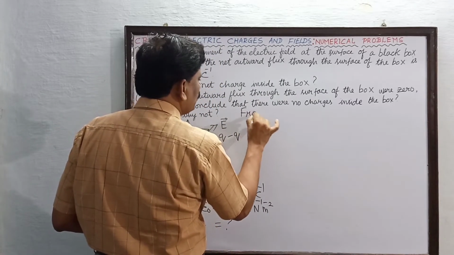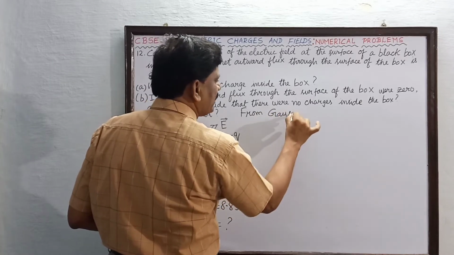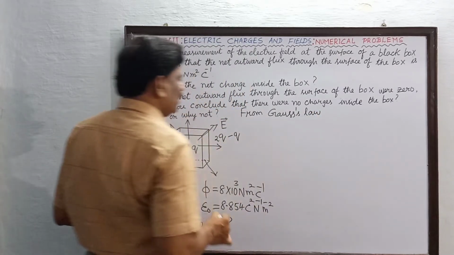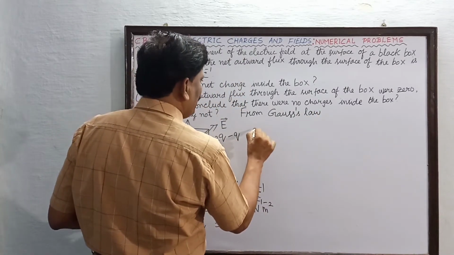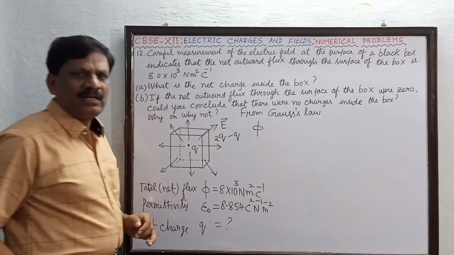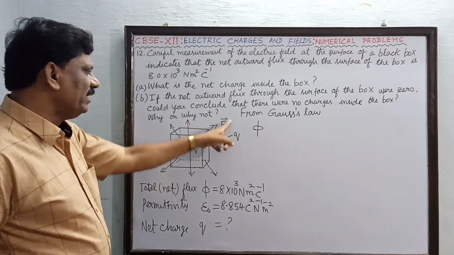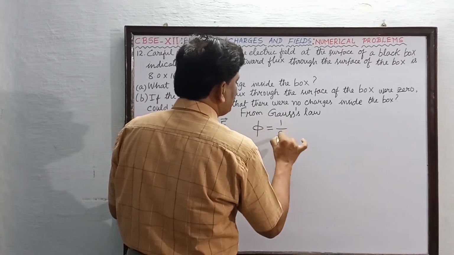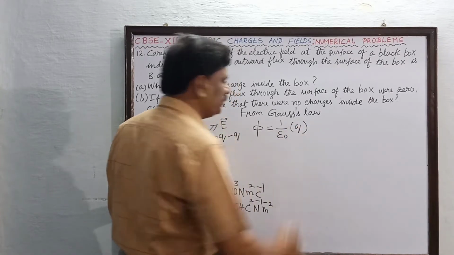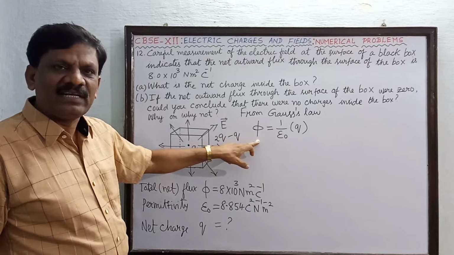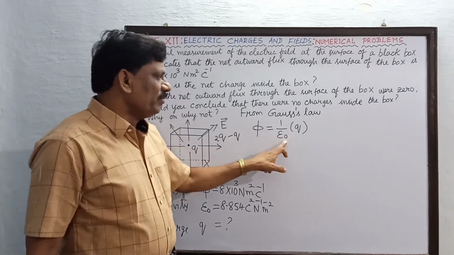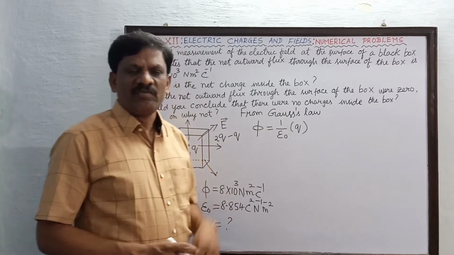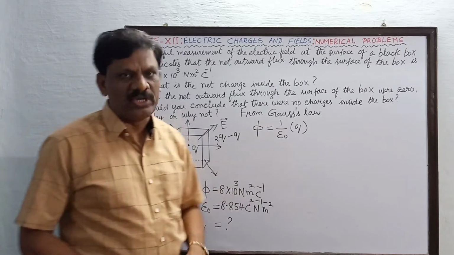From Gauss law, the total electric flux of the electric field E is numerically equal to 1 by epsilon naught times the net charge Q. So the total flux is on the left hand side, and 1 by epsilon naught times the net charge is on the right hand side. From this equation we have to find the value of Q.